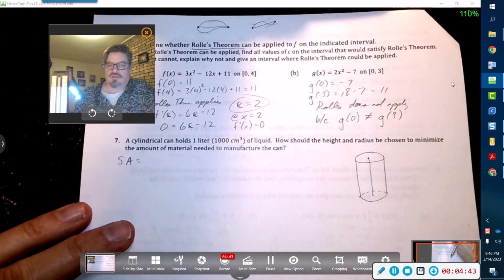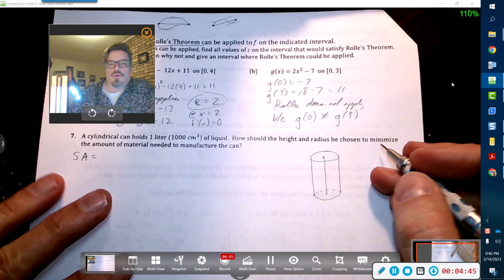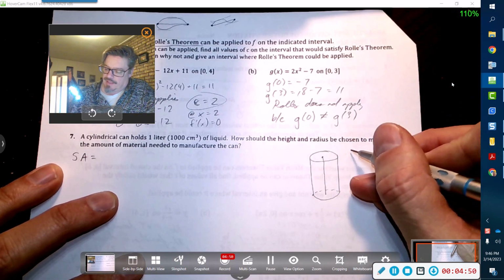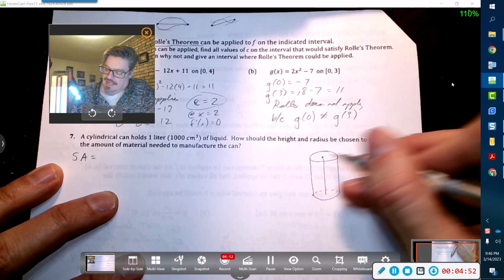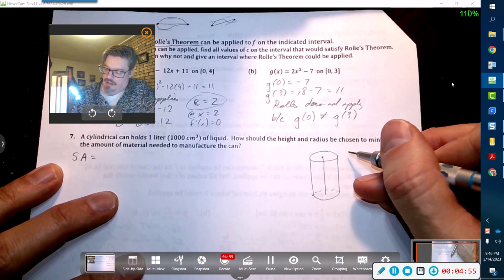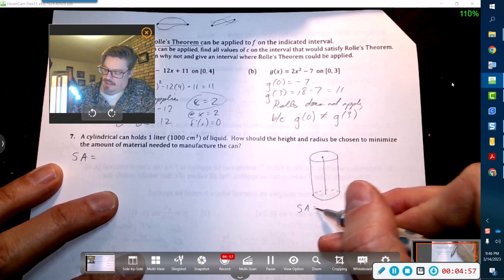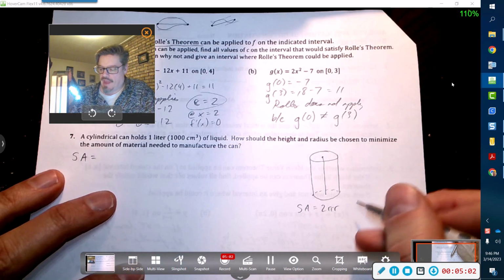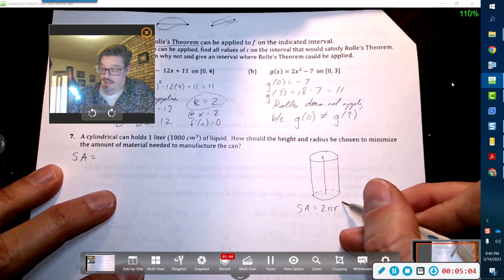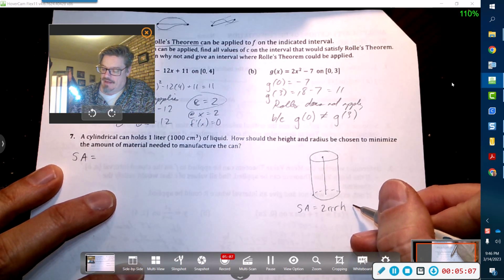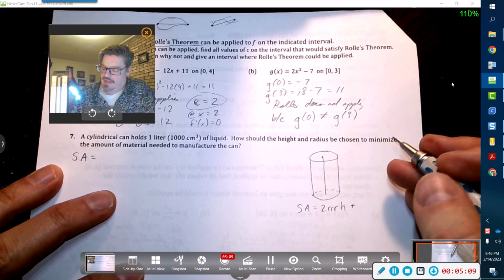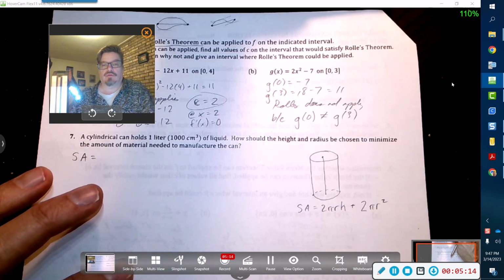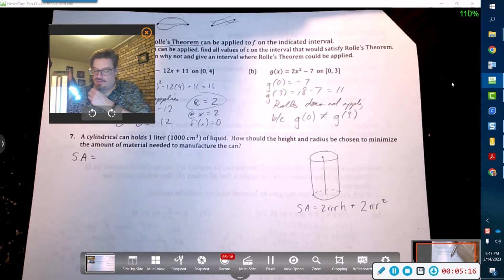If you were to cut this guy down the middle, his length would be 2 pi r, times the height, then you would have to add the area of the two circles.